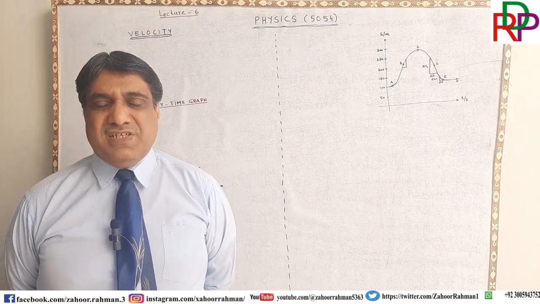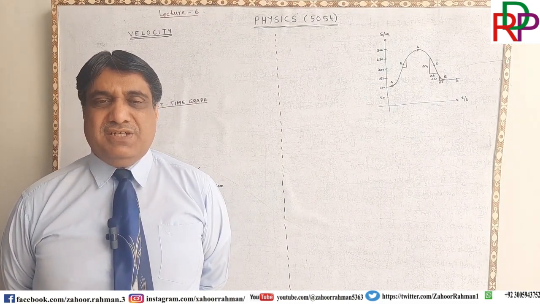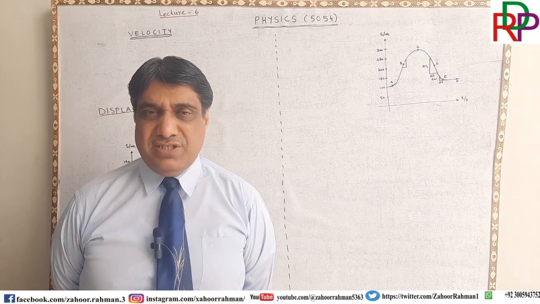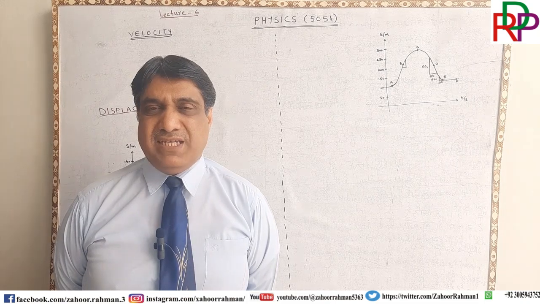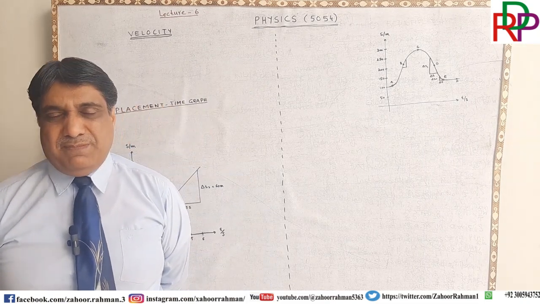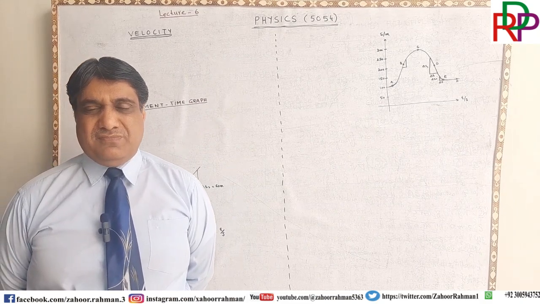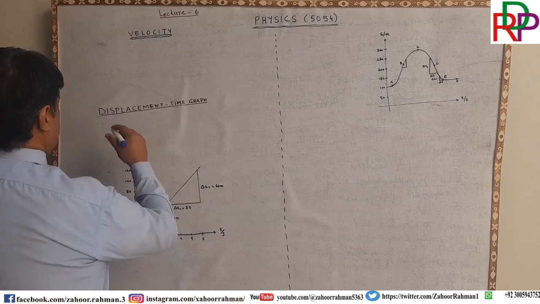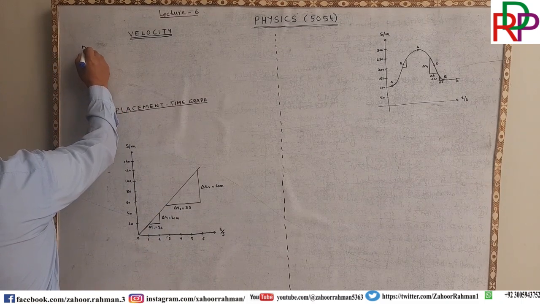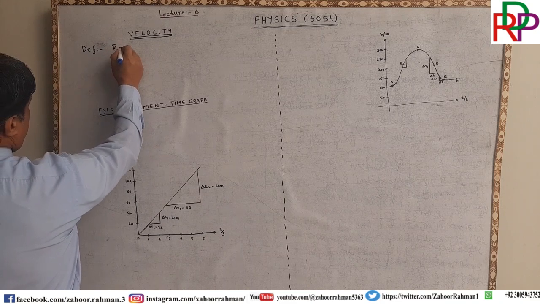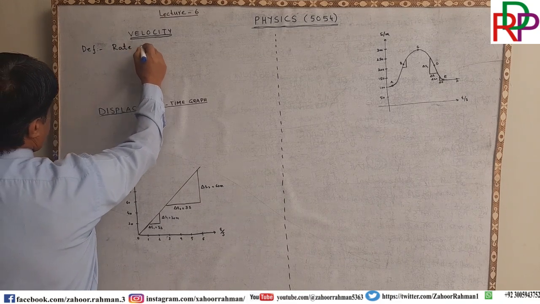Velocity is a vector quantity. It means that it has direction as well as magnitude for its proper representation. What is velocity? Let us define velocity first.